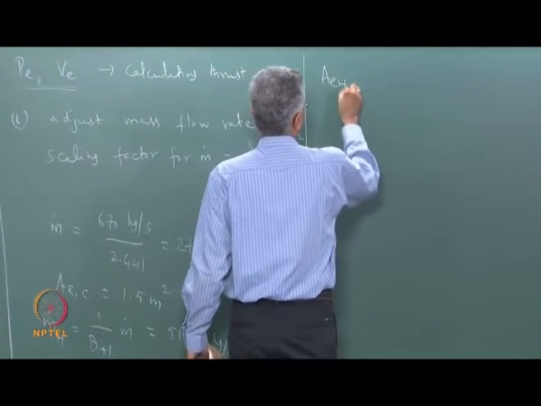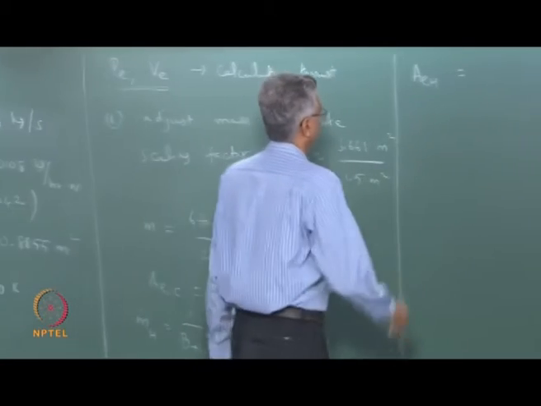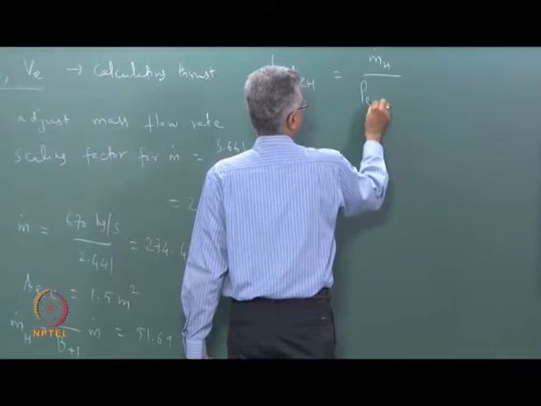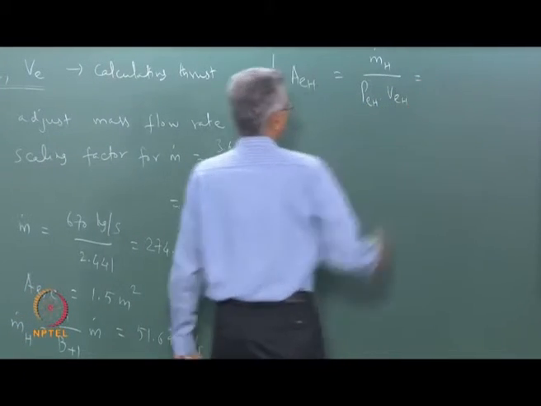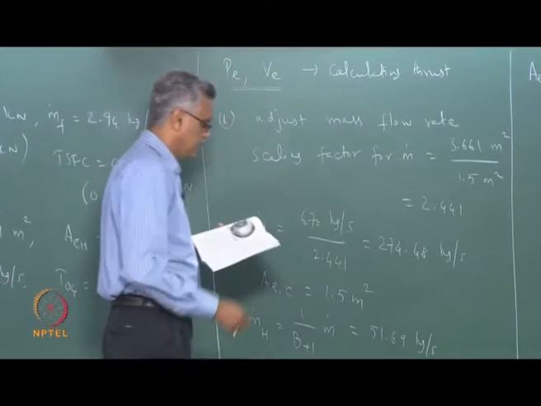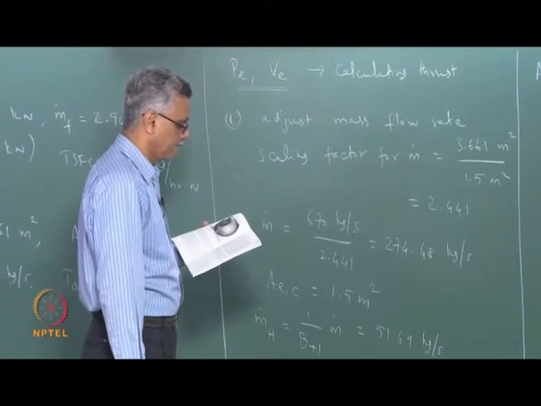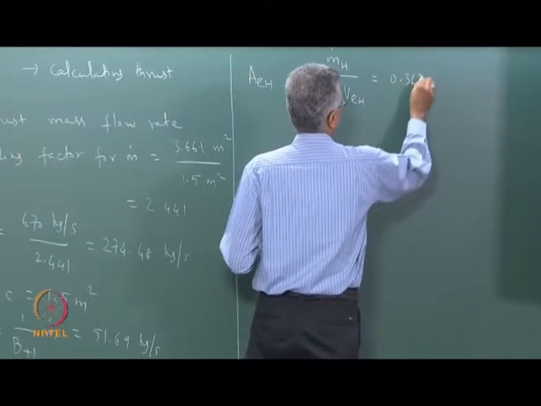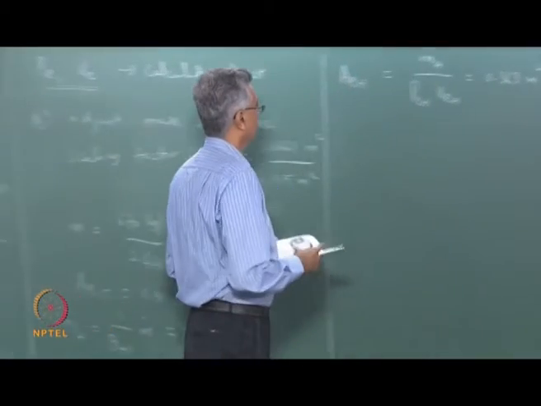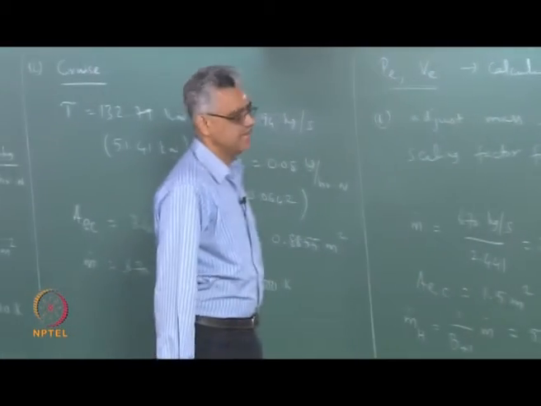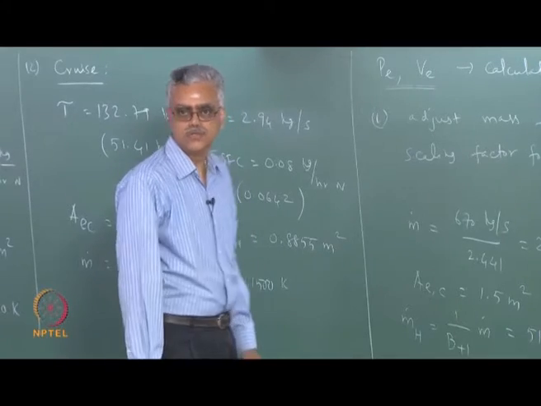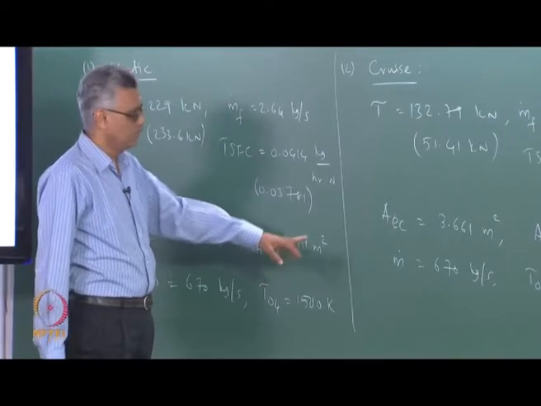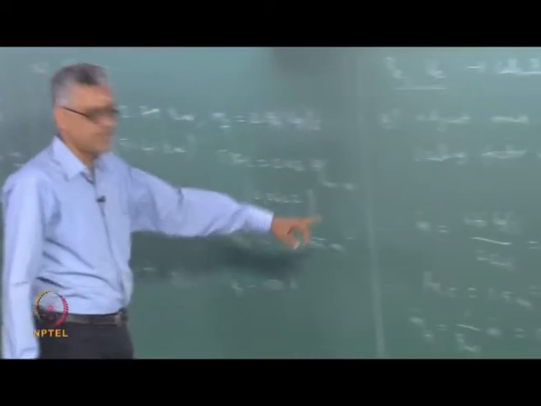So AEH can now be calculated. AEH is m dot h divided by rho EH times VEH, and if I substitute the numbers, I get this area to be 0.363 meter square. Whereas the desired value for the hot nozzle area is 0.511 meter square.